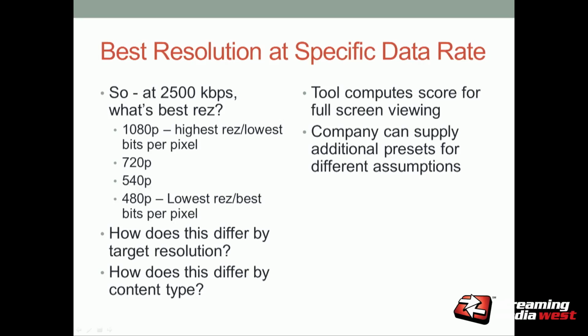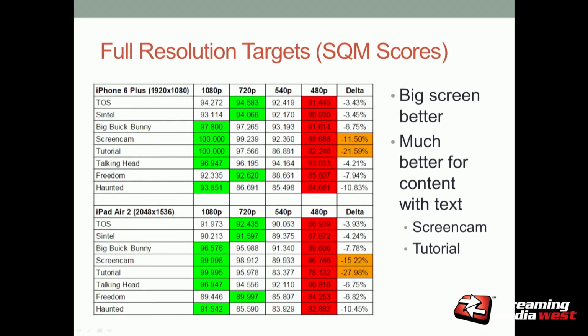And then one of the interesting things about the SQM tool is the ability to answer a question. If you want to create a 2500 kilobit per second file, which resolution delivers the best quality? So we tested that. I created a 1080p version, a 720p version, a 540p version, a 480p version, and then I ran them through.